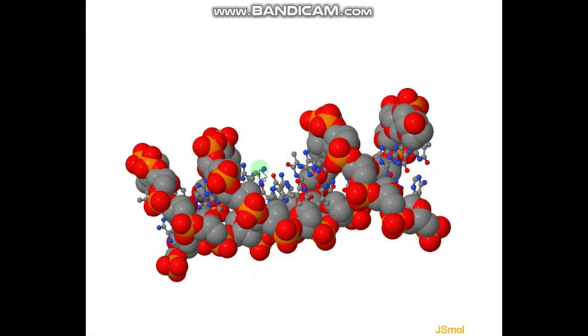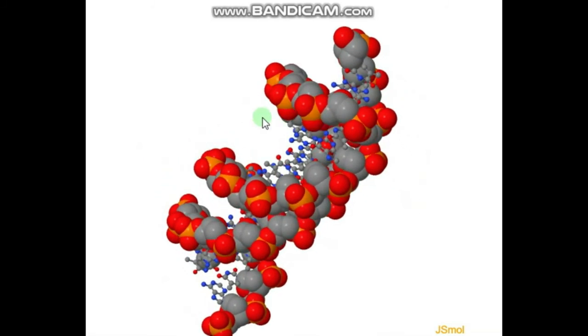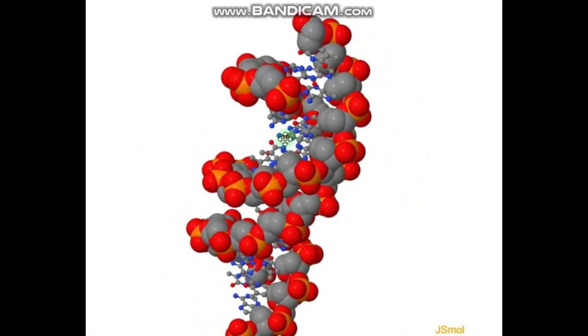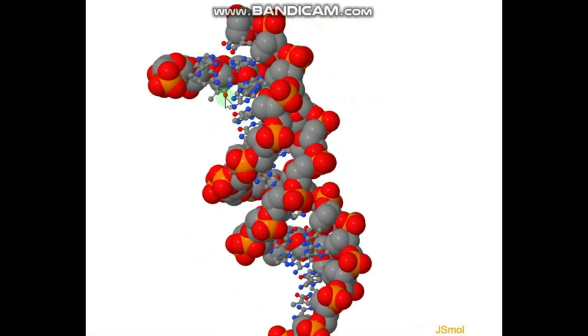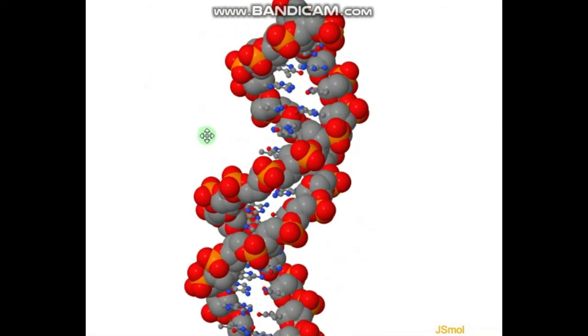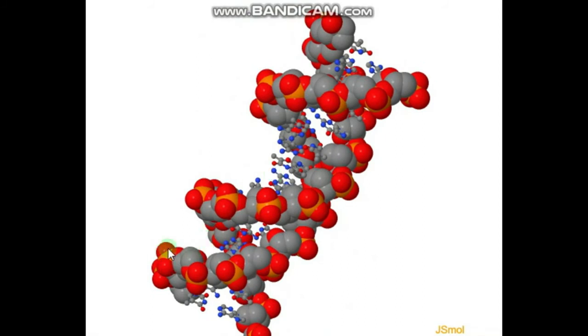Between here and here you've got a much wider gap, and again you can see that wide gap persists all the way round as we rotate the molecule round. So we have there the major groove, and it's the interaction between negatively charged phosphate groups across the minor groove that we're going to really be worried about, because they're obviously going to be quite close together there.